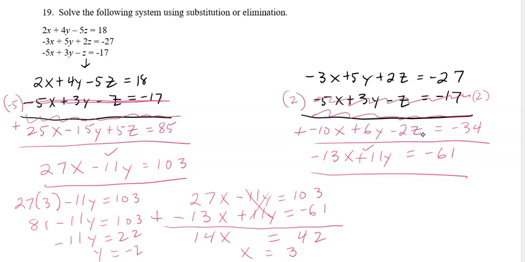And now once you've found two variables, you can come back to any one of these original three, doesn't matter which. I'll just go to the top one. We can replace x with 3. We can replace y with negative 2. And we'll solve for z.